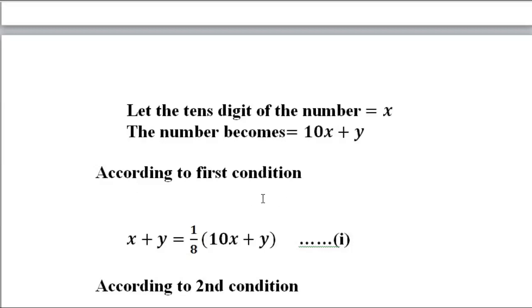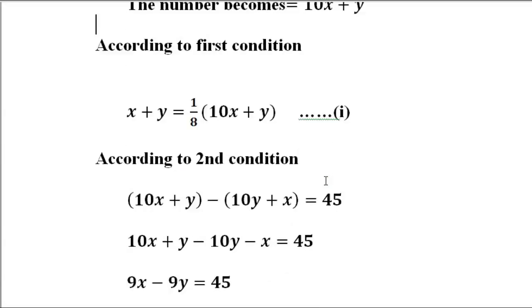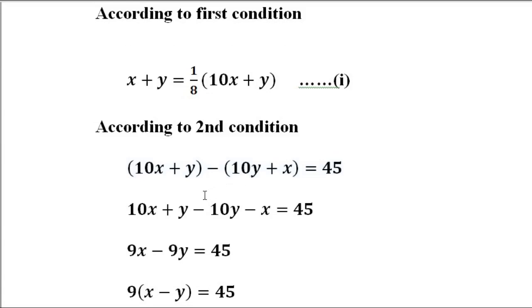According to the first condition of the question, the sum of the digits x plus y is 1/8 of the number, that is 10x plus y. Let's name this equation 1. Now, according to the second condition, when the digits of the number are reversed and the number is subtracted from the original number, the result is 45.